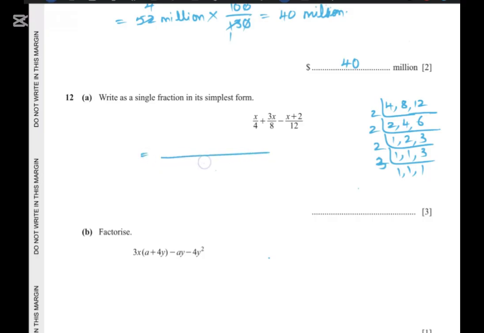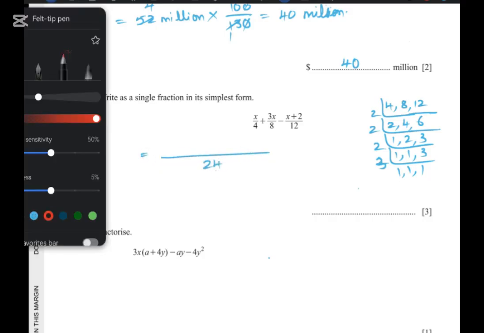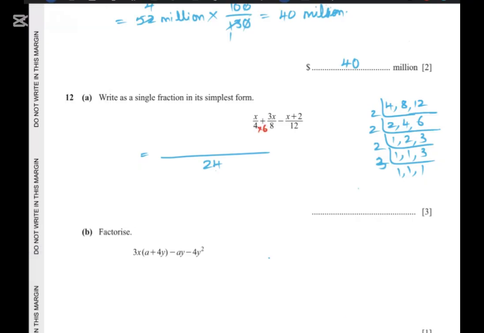So write down the numerator over denominator 24. Then 4 multiplied by 6 is 24, so x multiplied by 6. 8 multiplied by 3 is 24, so 3x into 3. 12 multiplied by 2 is 24, so x plus 2 multiplied by 2.